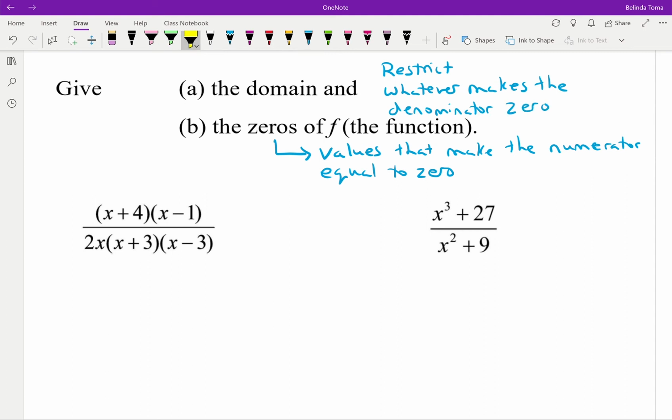So a couple of important things. Here we're restricting and we're looking at the denominator. In the zeros, we are not restricting. We're giving the values that make the numerator equal to 0. So it's going to be done in a positive format.